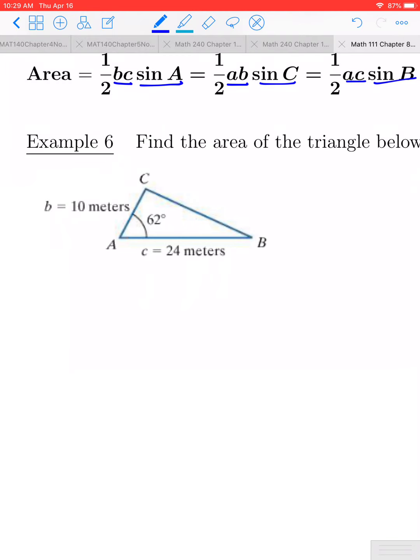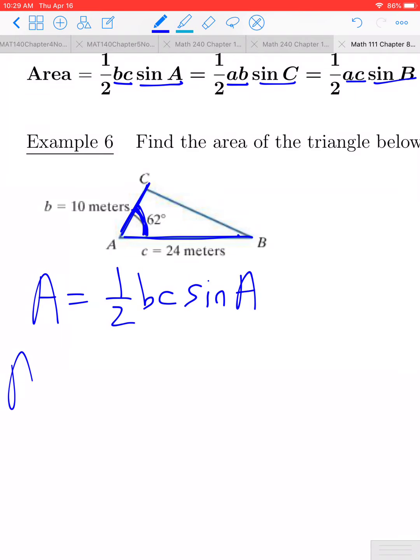Let's take a look at example 6. They ask us to find the area of a triangle. We know side B, we know side C, and we know the included angle that forms those two sides. So we should be able to find the area by using the formula from above. It's 1/2 the product of the two sides times the sine of the included angle.